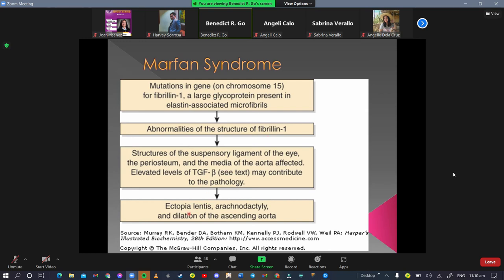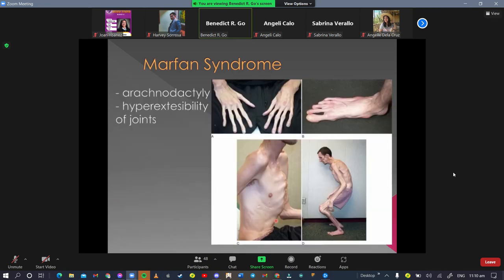Okay, so in the end, you'll have ectopia lentis, arachnodactyly, and dilatation of the ascending aorta, which I'll show in the next figure. So you'll have long, lengthy digits for your fingers and toes. And this is your kyphosis. And you'll have very hyperextensible joints.